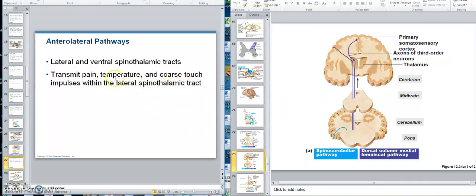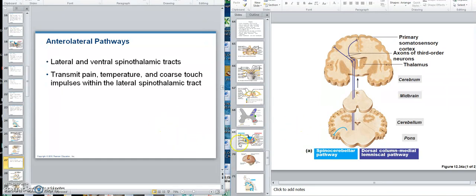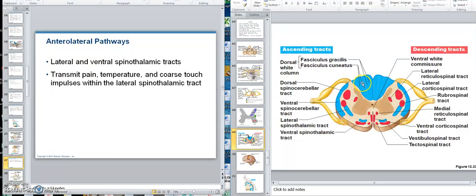Pain and temperature and coarse touch. Fine touch is transmitted back here in this area, the fasciculus gracilis and fasciculus cuneatus, that's the fine touch area. But spinothalamic, coarse touch, you just get a general experience. Pain and temperature, coarse touch.